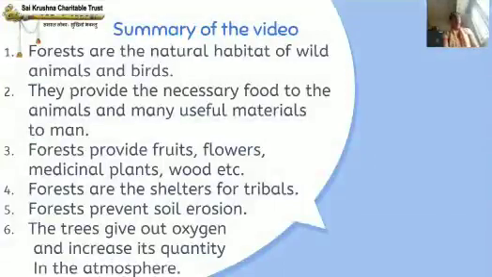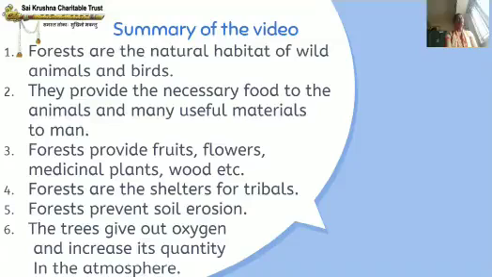I think now you have understood the importance of forest and how you have to conserve it. Now I'm just summarizing the whole video. The forests are the natural habitat of wild animals and birds. They provide the necessary food to the animals and many useful materials to man. Forests provide fruits, flowers, medicinal plants, wood, etc. Forests are the shelters for tribals.